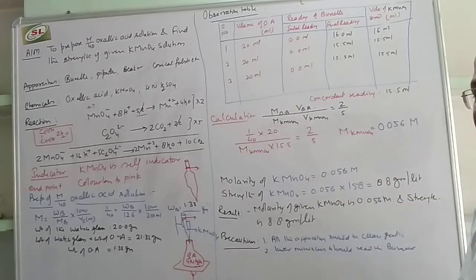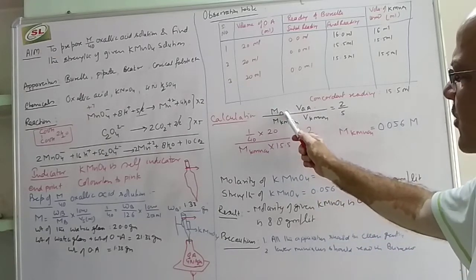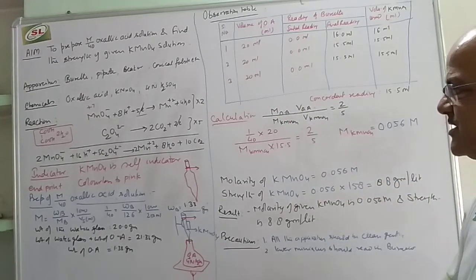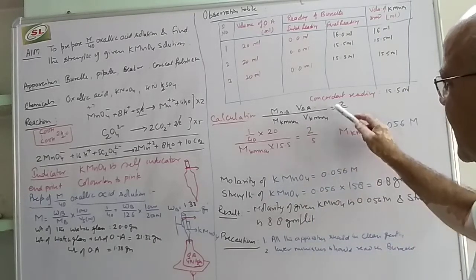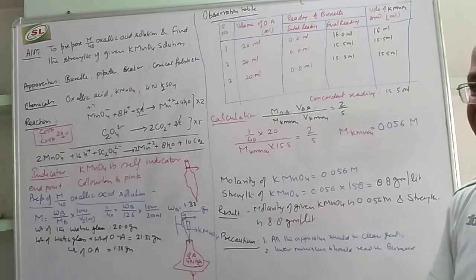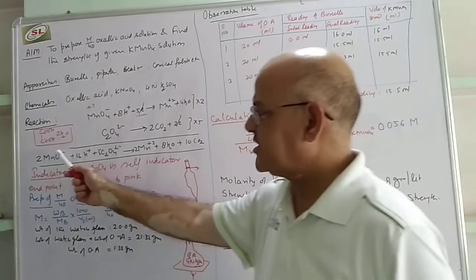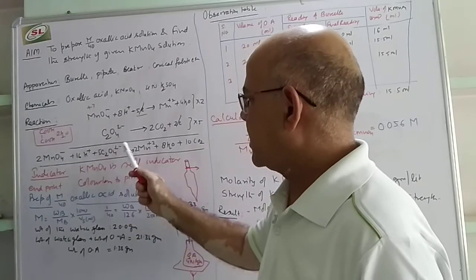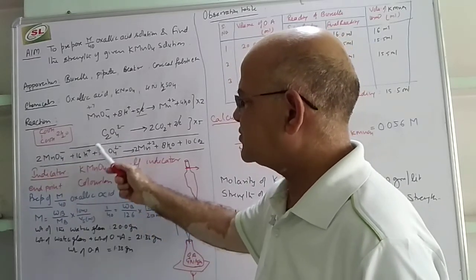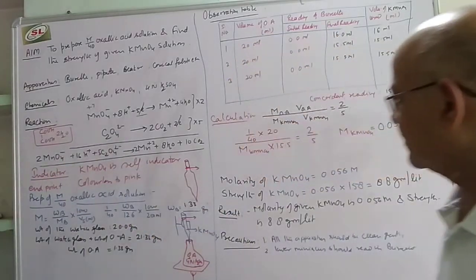Now we will use the formula: molarity and volume of oxalic acid divided by molarity and volume of KMnO4. N factor we are using 2 by 5. As you can see in the reaction, 2 moles of KMnO4 are oxidizing 5 moles of oxalic acid.